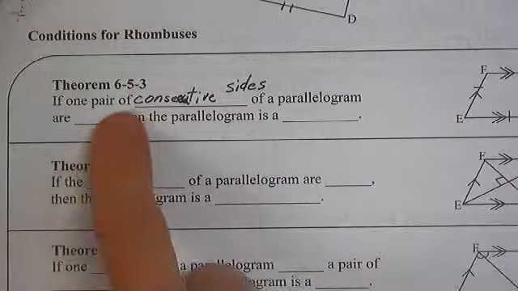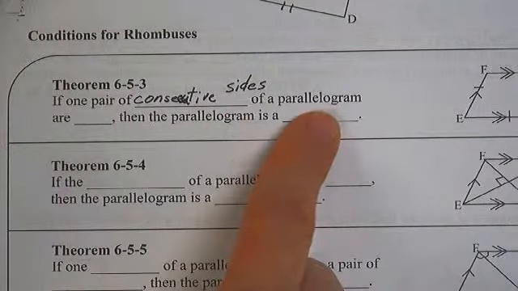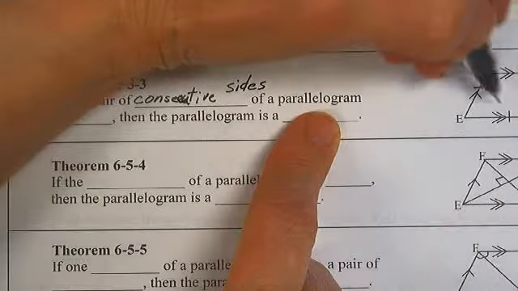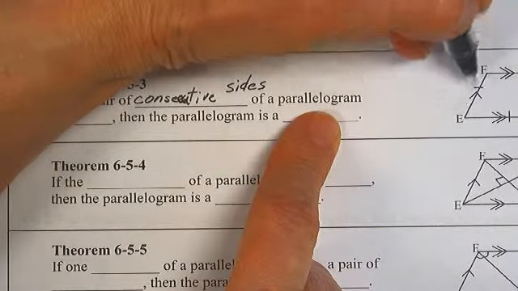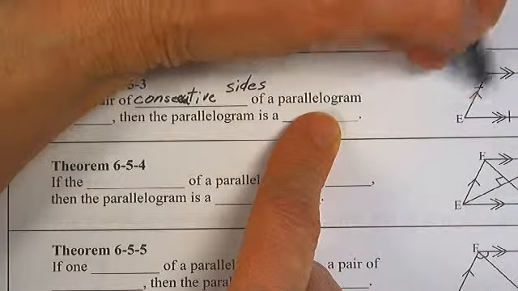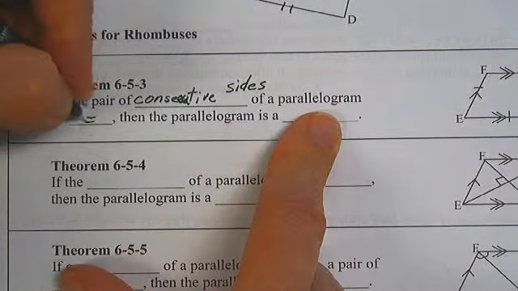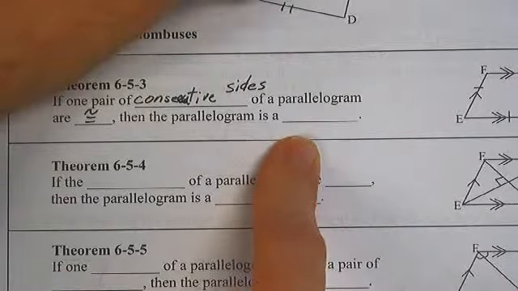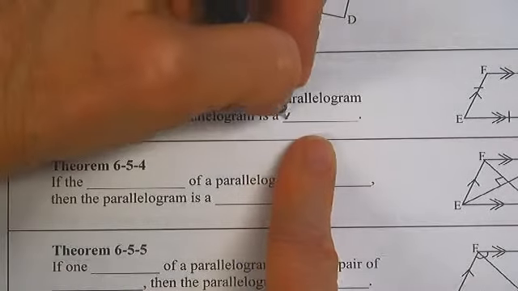If one pair of consecutive sides of a parallelogram are congruent, this one and this one, then the parallelogram is a rhombus.